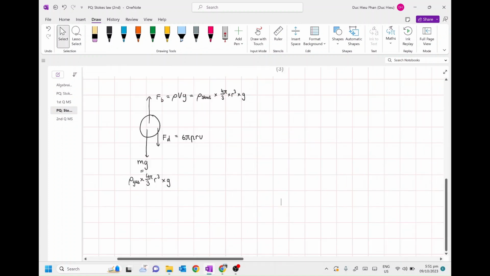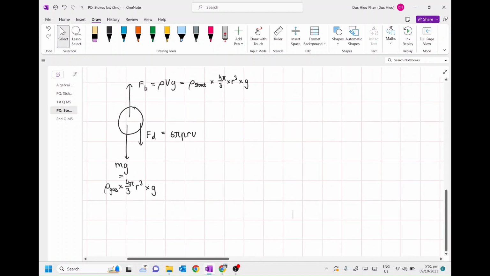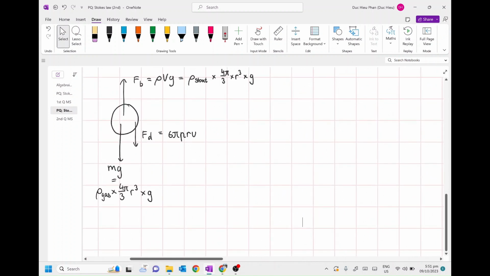Okay. We want to set up an equation that represents this. And instead of doing the sum of forces like I did on the first question, I'm going to show you a different way of setting these equations up. Both is fine, but you can choose which one you'd like to do. So here, we know that the buoyancy force has to be equal to the sum of the weight plus the viscous drag force. So we can set up an equation like this.